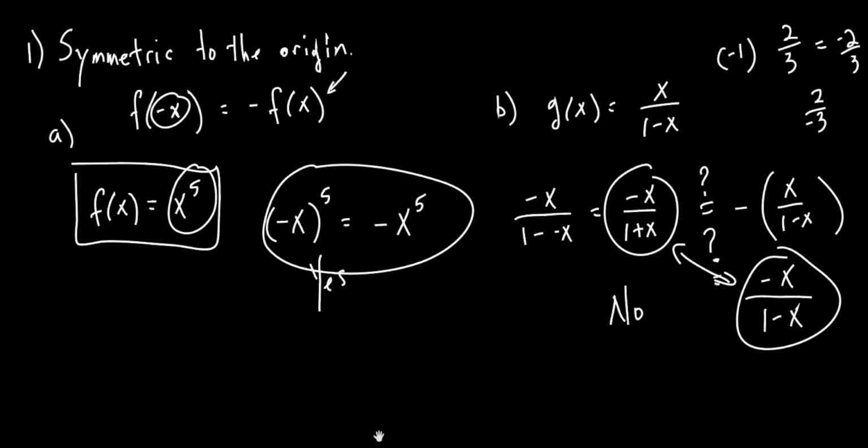Now, number 2, well, actually 2 through 5. You have to see if I give you a function or an equation, and you have to tell whether it is symmetric to the following.